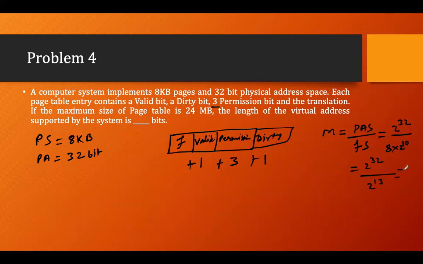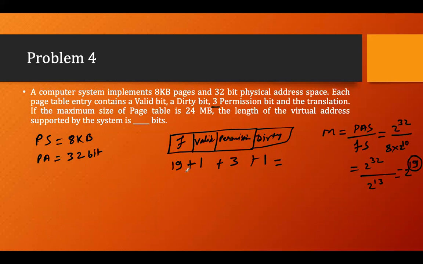So now that is 2 to the power of 18. Sorry, 2 to the power of 19. So 19 is my frame bits, right? So it will be 19. So how much is the total? Total it will become 24 bits.